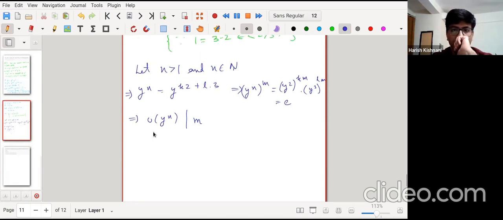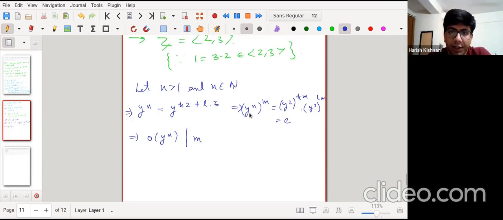So what if it's not m, it's strictly smaller than m? Then you have m by 2 equal to identity. Let me contradict that the order of y square and y cube is m. Oh, in fact, we don't need all these things.